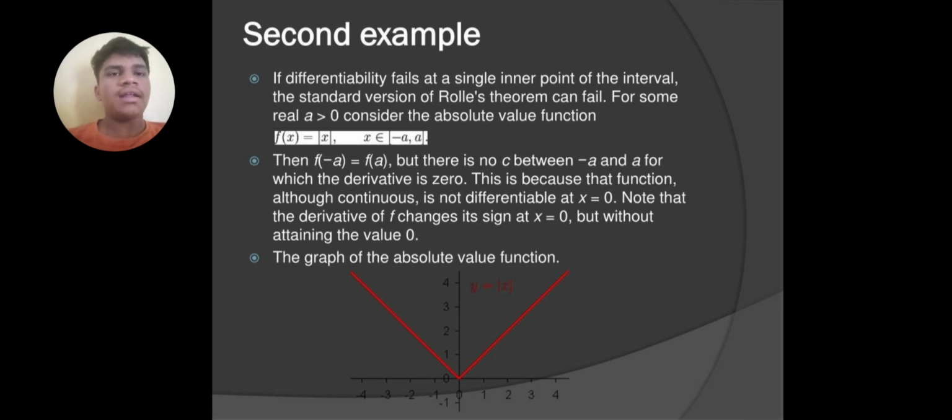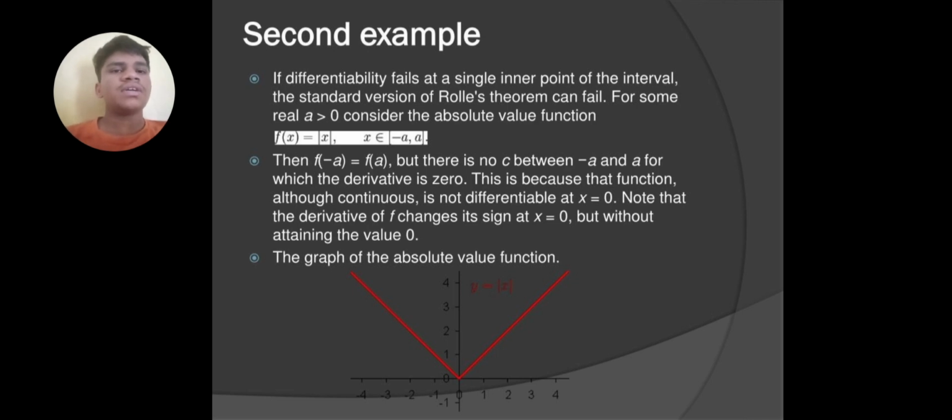for some real a greater than 0, consider the absolute value function f of x equal to mod x, where x belongs to the interval minus a comma a. Then f of minus a equal to f of a, but there is no c between minus a and a for which the derivative is 0.